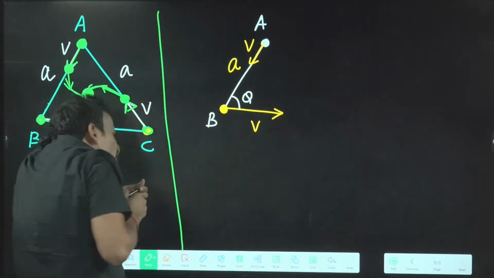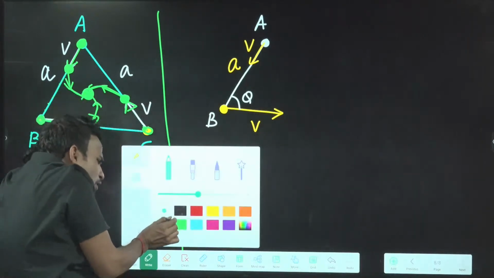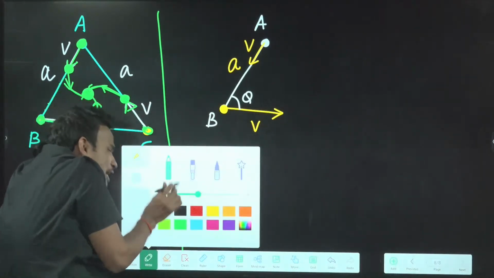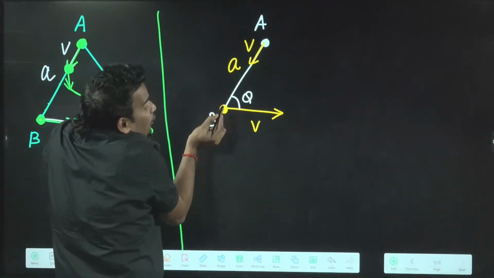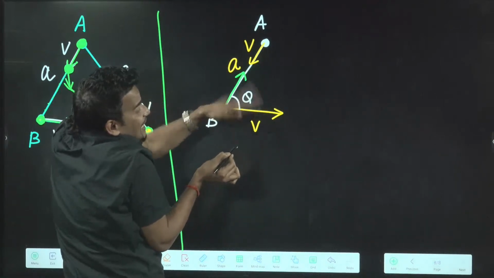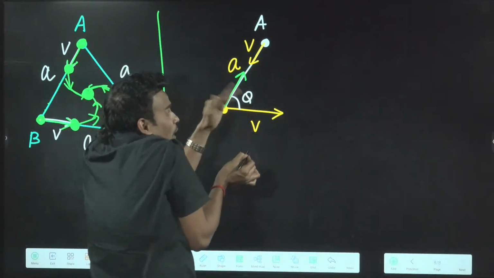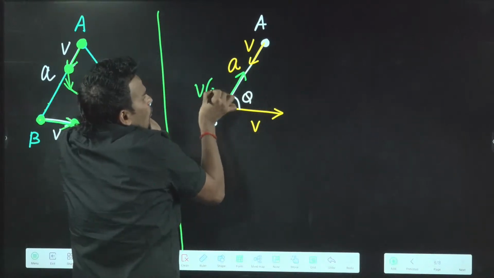But if you observe carefully, you will realize that one component of B's velocity is also towards A. This is V, this is theta. So one component of B's velocity is also towards A. What is that component? V cos theta.